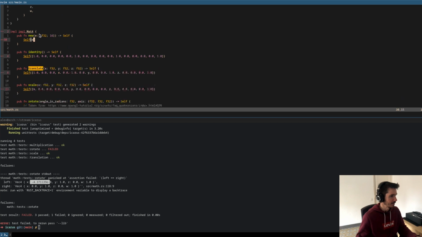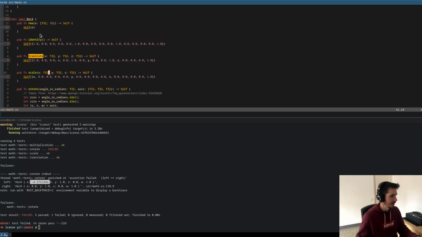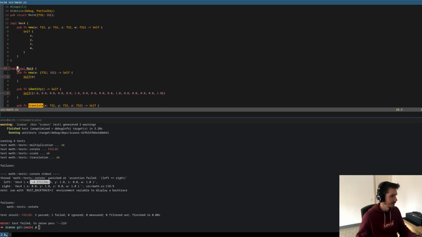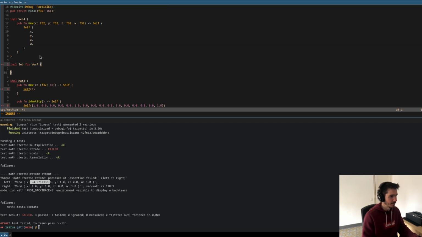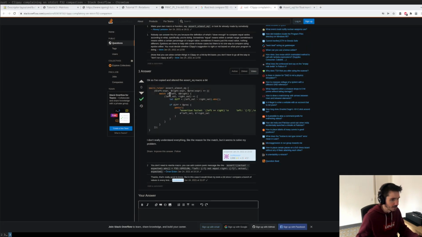Impl, where did I have it? Here. Impl Sub for vector. Don't know what's the signature, but I can look for it.